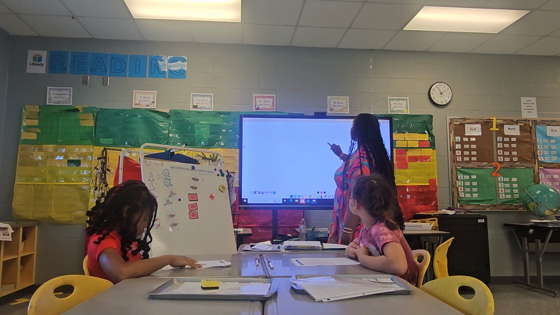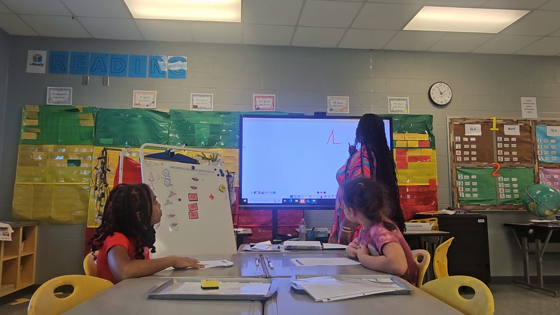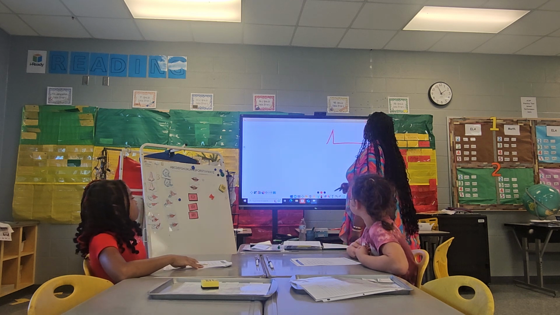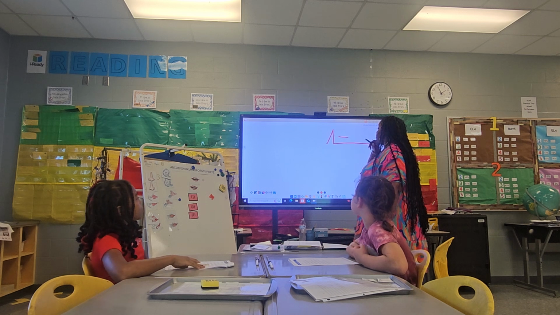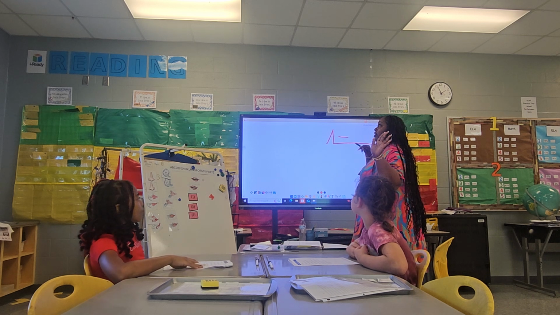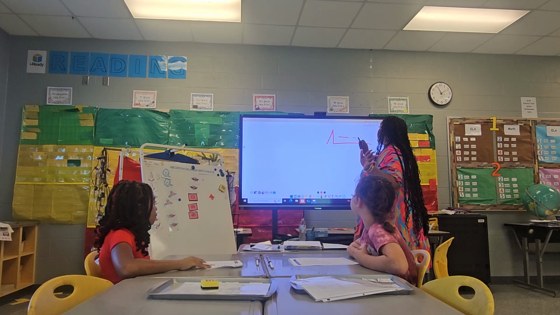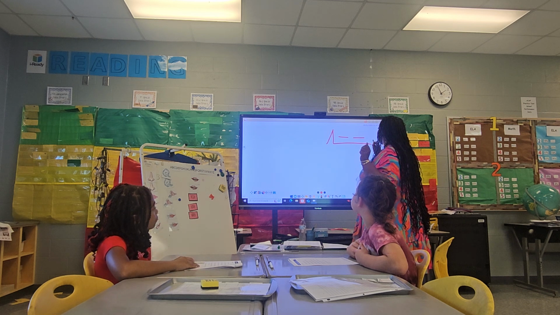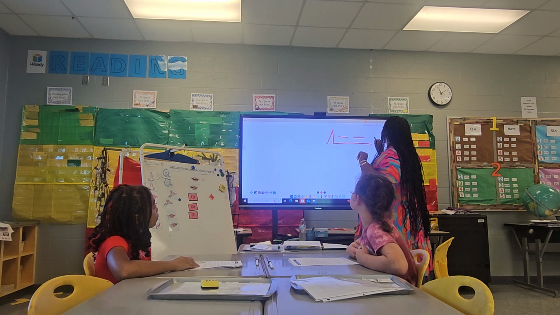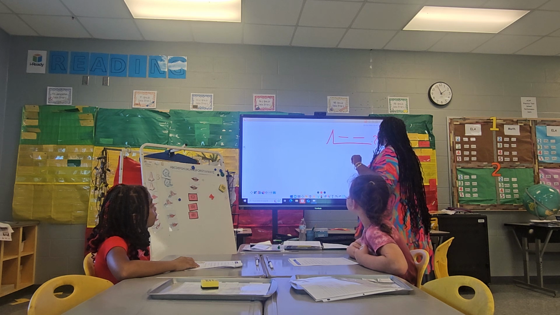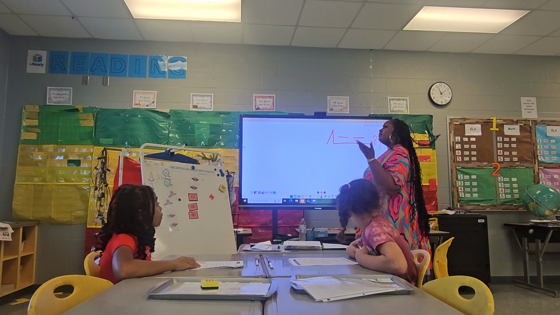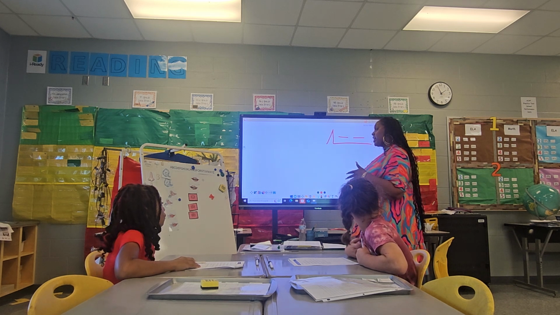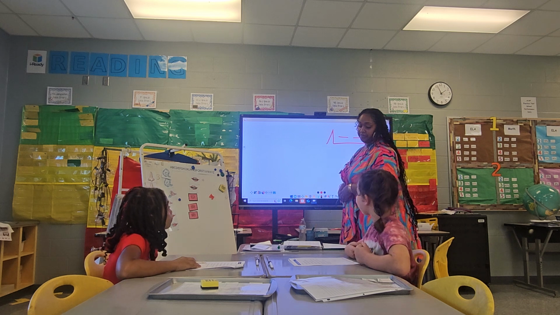Remember, all sentences start with a capital letter. It has spaces. All sentences have subjects, which are your nouns, and predicates, which are your verbs. A sentence will end with a period, which means come to a stop, a question mark, or an exclamation point, where your voice begins to change.